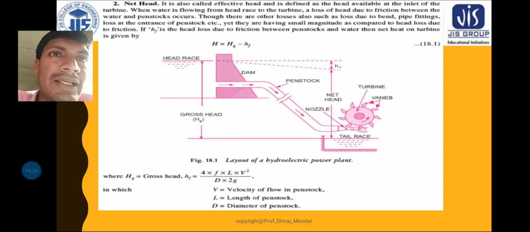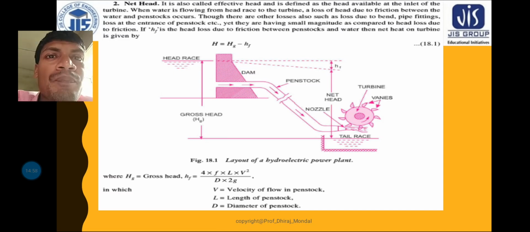So the head available at the inlet of the turbine is known as net head when the water is flowing from the head race. You can see this is the head race, the water is flowing from the head race to the turbine. You can see this is the loss, HF amount of loss, that means some friction. Because of that friction, when the water is traveling through this penstock, there must be some frictional head loss.